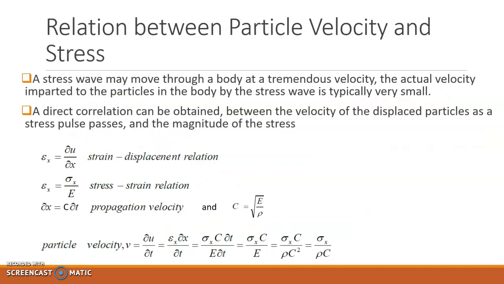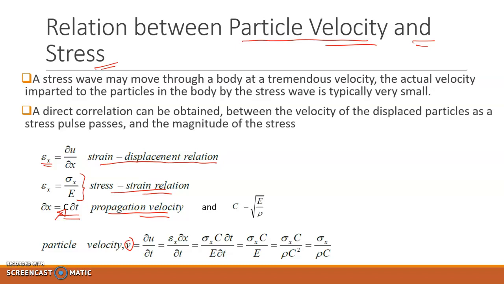Here we are trying to establish a relationship between the particle velocity, that is the velocity of movement of the particles, given by small v, and the stress. For that we use the strain displacement relationship, the strain at a point, epsilon x equals ∂u/∂x, and the stress strain relationship, epsilon x equals sigma x by E, and the propagation velocity relationship, dx equals c into dt, where c is the propagation velocity of the wave.